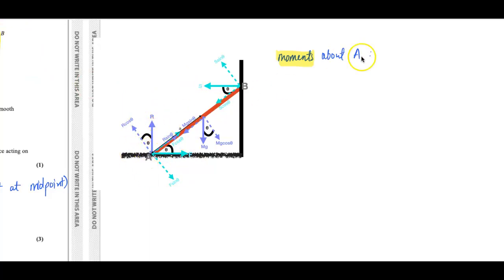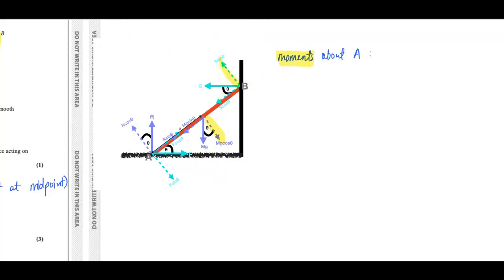So overall, the moment at a particular point is 0. So about A, whatever the force is, like R cos theta, R sin theta, whatever forces we have, the moment will be 0. Now, what forces are really active here? I think we have mg cos theta active and S sin theta active.